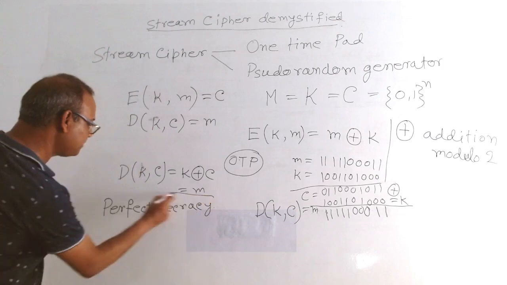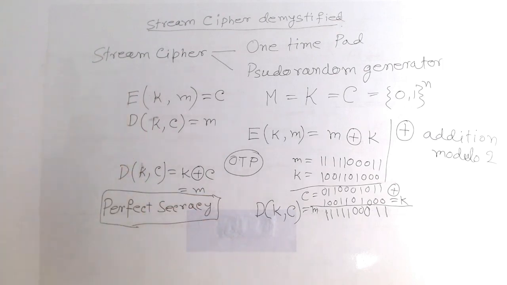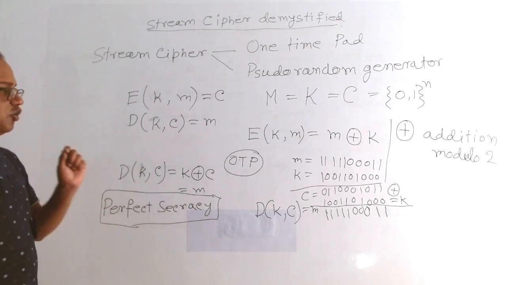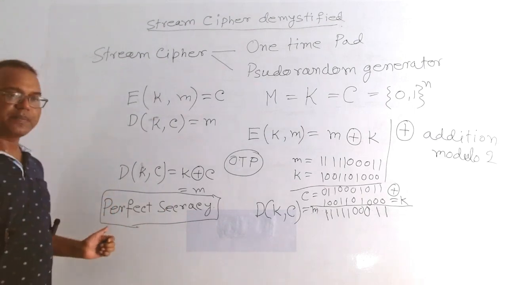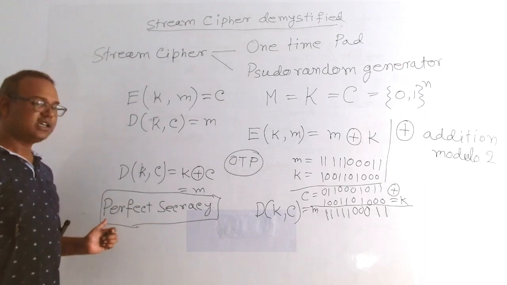It was developed by Shannon. And what is perfect secrecy? Perfect secrecy tells us that no bit of information from the ciphertext should be revealed.